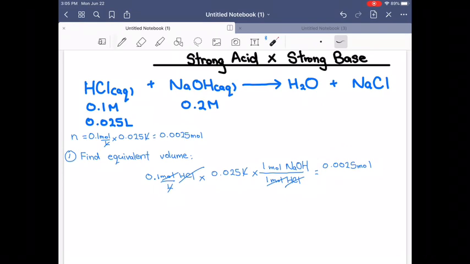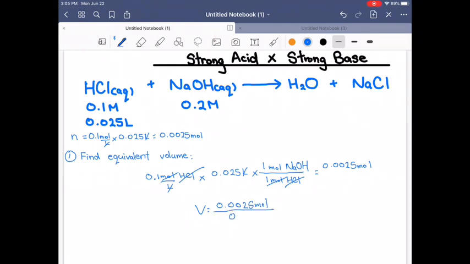Okay. Now, what's different here, of course, is the volume. Don't tell me that you're going to put 0.025 liters here. It's not. Just do this calculation and you'll know. Okay. So volume in this case, of course, is 0.0025 mole.